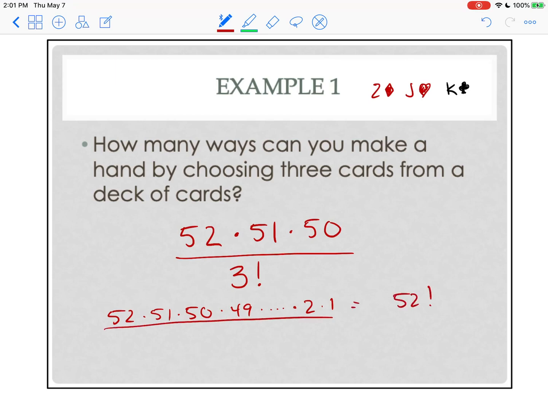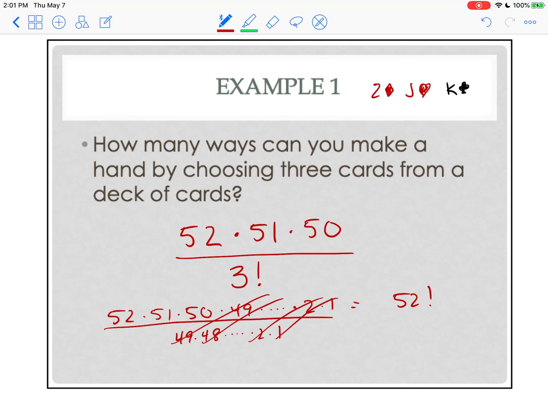Then I'm dividing by 49 times 48 times down to 2 times 1, and that cancels out all of this to give me 52 times 51 times 50. Now that would be a permutation.